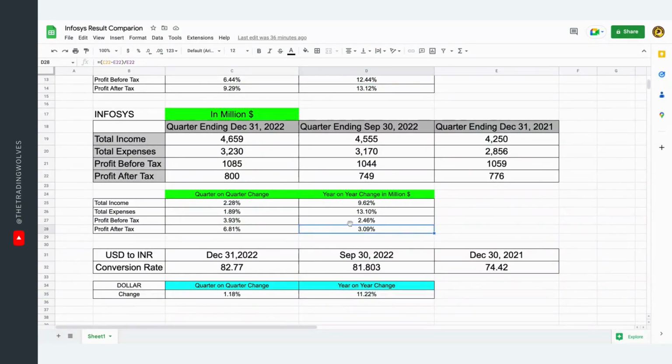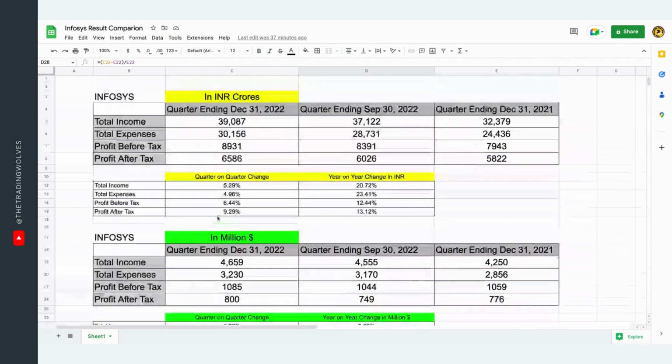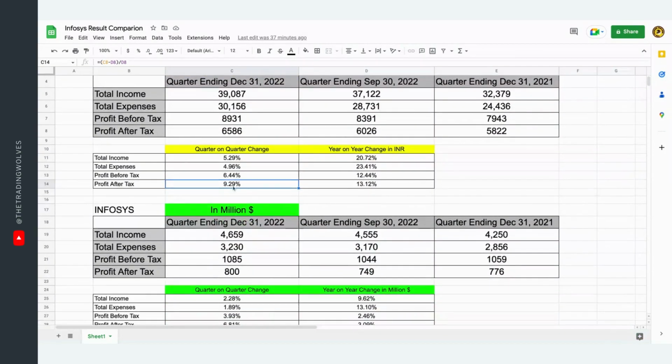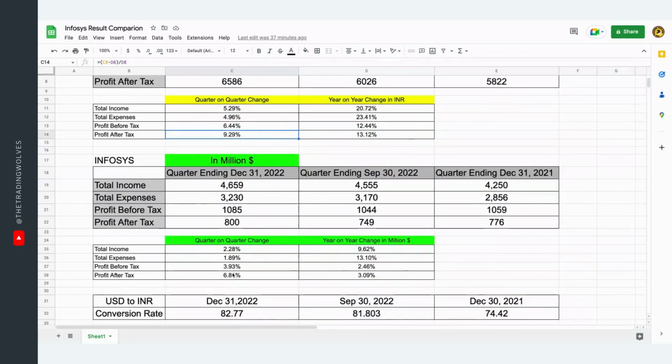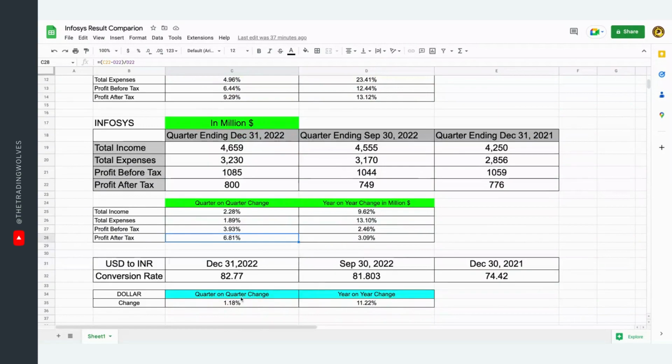In absolute terms, in US dollars, the growth has only been 3.09%. However, on a quarter on quarter basis, definitely Infosys has done well. 9.29% is the growth in terms of Indian rupees, and 6.8% is the growth in terms of US dollars. And the change in dollar to Indian rupees value has been only 1.18%.